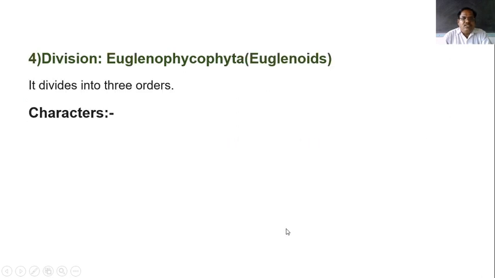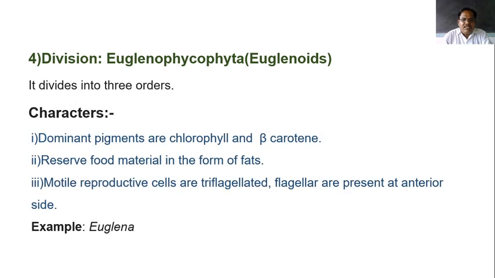Then the fourth division is the Euglenophycophyta, which is animal-like and yet has the capacity to produce food material. Euglenoids are there, and Euglena is a well known example of this one. It is a unique example of algae that has the capacity to produce food material. The dominant pigments are chlorophyll and beta carotene.